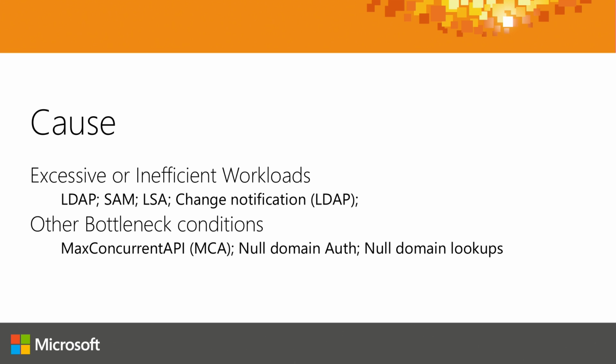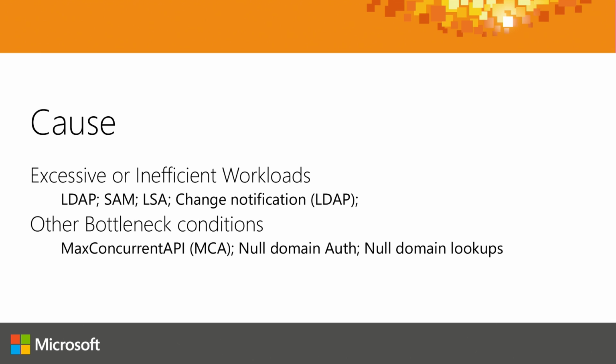Local Security Authority work. Kind of a more recent one that we've seen lately with large customers that have large Exchange deployments is change notification, LDAP change notification. And this is not as common. I've actually only seen a few cases on it, but it bears mentioning here that as an application, you can register to be notified when an object is updated in Active Directory.